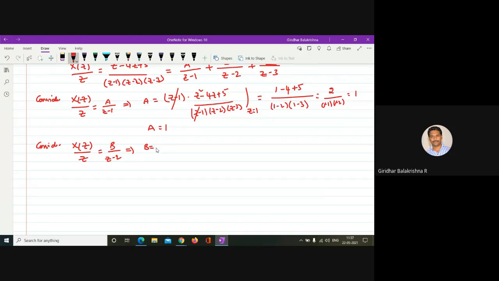Now B equals (z minus 2) into X(z)/z, which is (z square minus 4z plus 5)/((z minus 1)(z minus 2)(z minus 3)) at z equal to 2. z minus 2 gets cancelled.